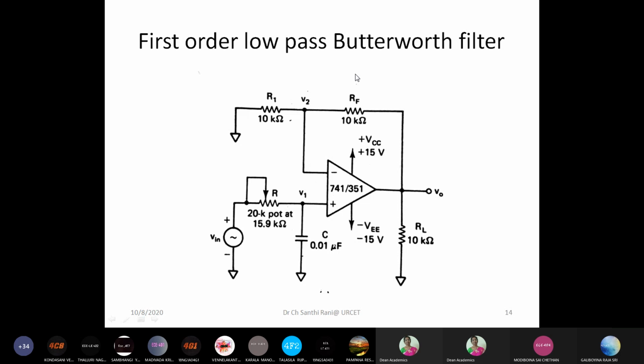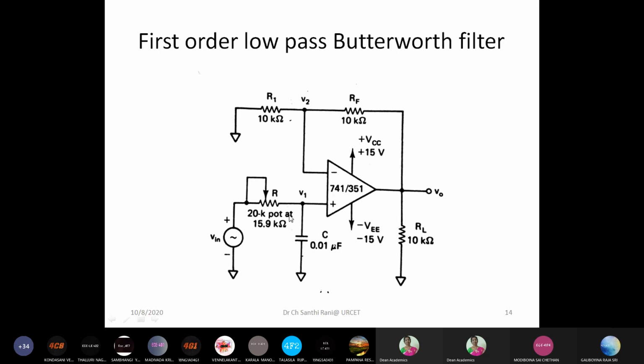So what is there in this low pass filter? This is also very simple. Here we have an OpAmp 741 or 351, then plus VCC and minus VEE. This OpAmp is connected in non-inverting mode.